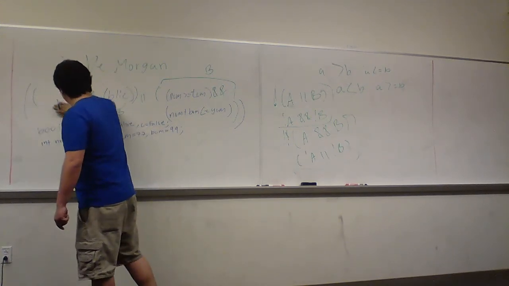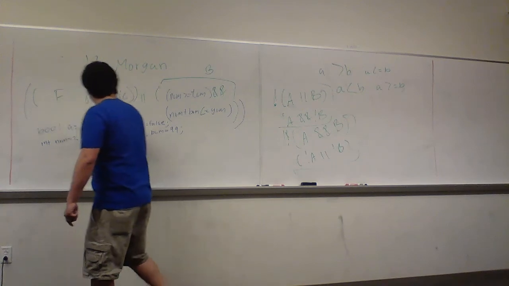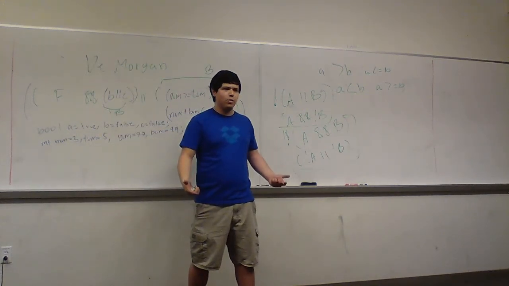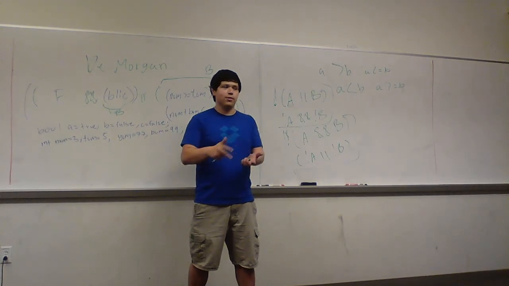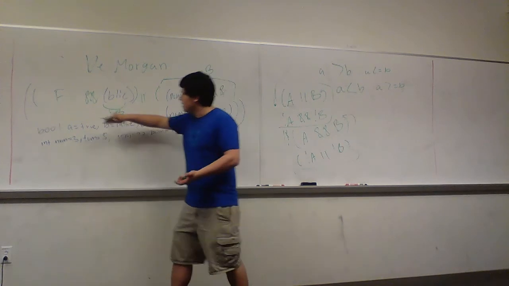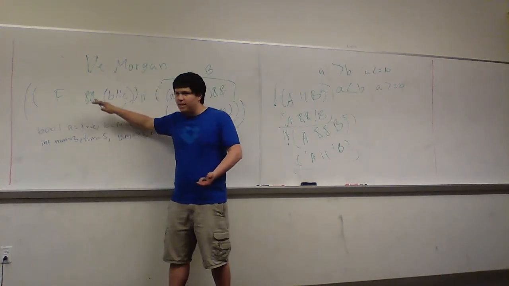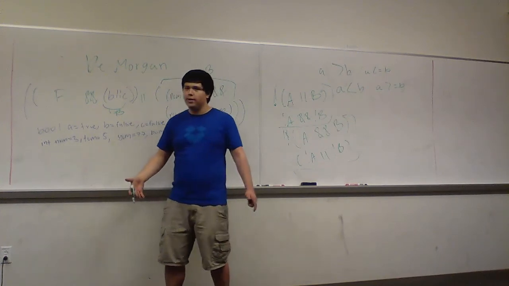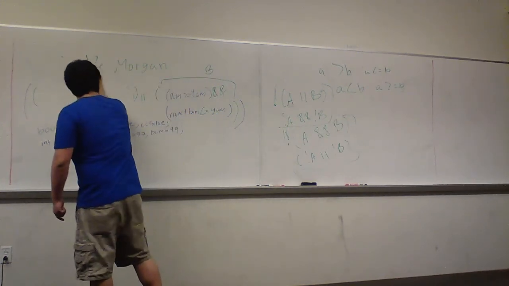So I'm going to erase it. False, and we can actually use short circuit analysis. What does that say? Since this side is already false, and we have the AND operator, this is already false. We don't even need to bother to look at this. So this is false.